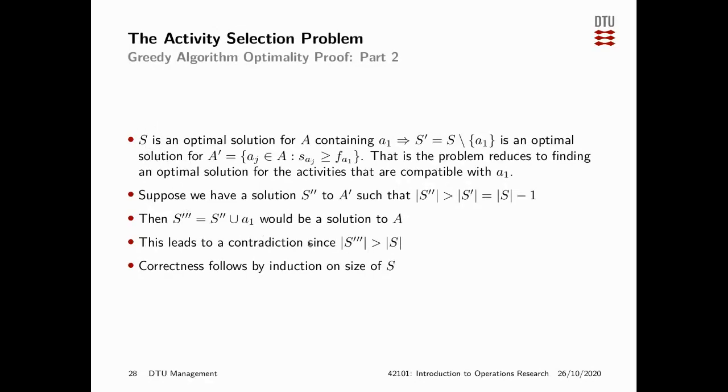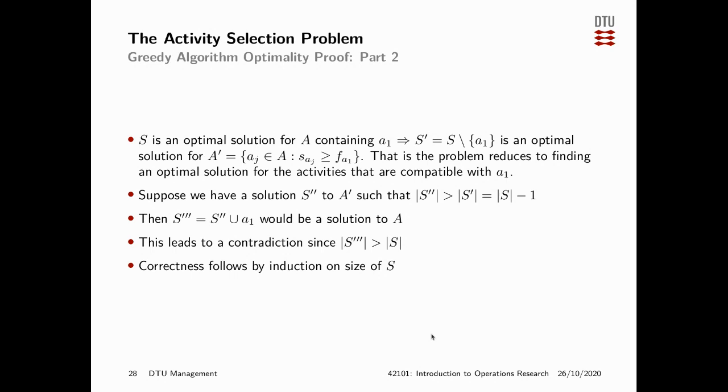So we get a contradiction, and this shows that the optimal solution to the problem of determining the number of activities that are compatible with the first activity can be obtained by just removing the first activity from the solution.